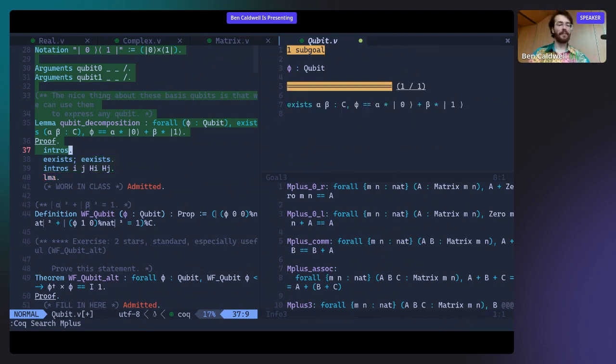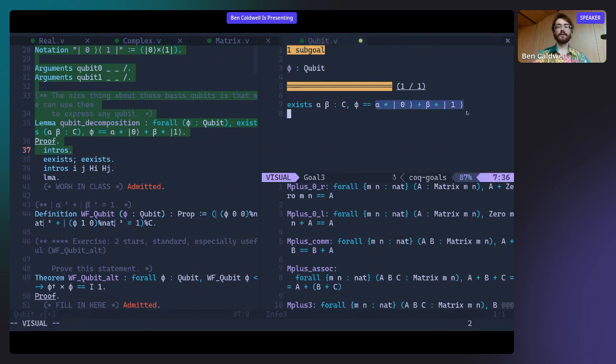Okay, so actually let's step back, because I made a mistake with the exists. That makes it far too complicated. We don't need that. We know what these should be, right? What alpha and beta should be. That is, we know what this decomposition looks like.